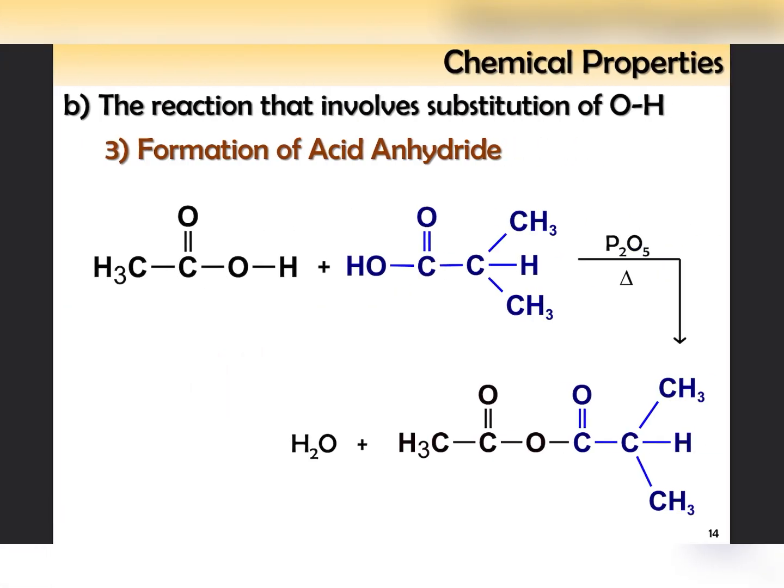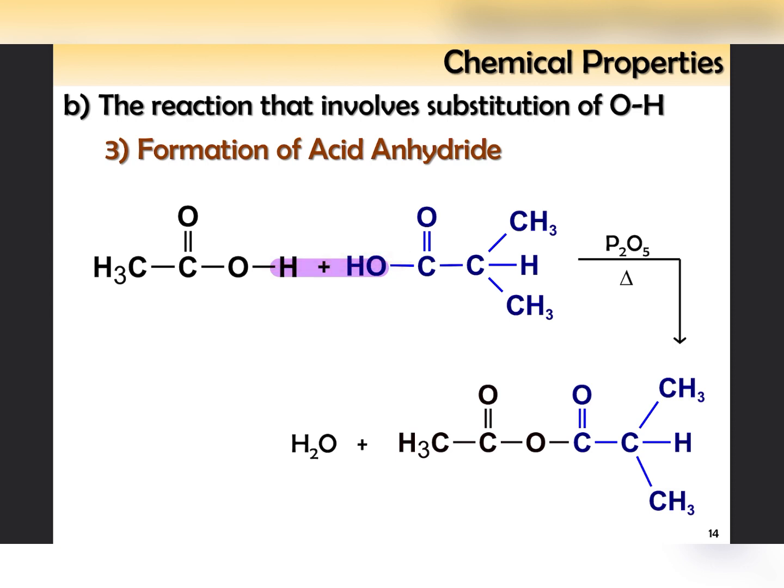Okay, let's have a look at the example. So let's say you have these two carboxylic acid. Okay, tapi ni jenis yang berbeza lah. Kalau jenis yang berbeza, sama je konsep dia. You just remove the water molecule. And then you akan dapat CO bond to this carbon.